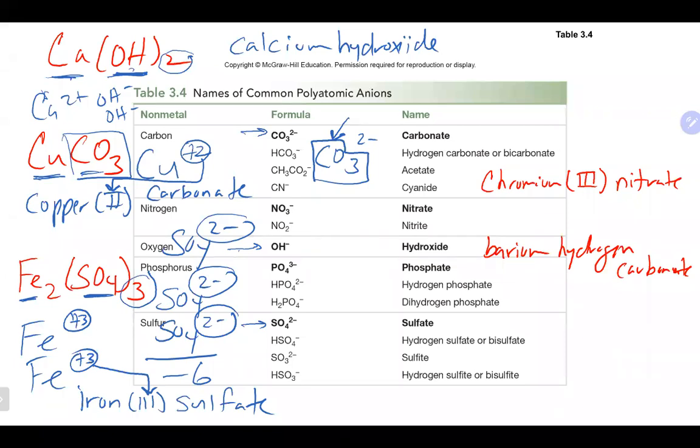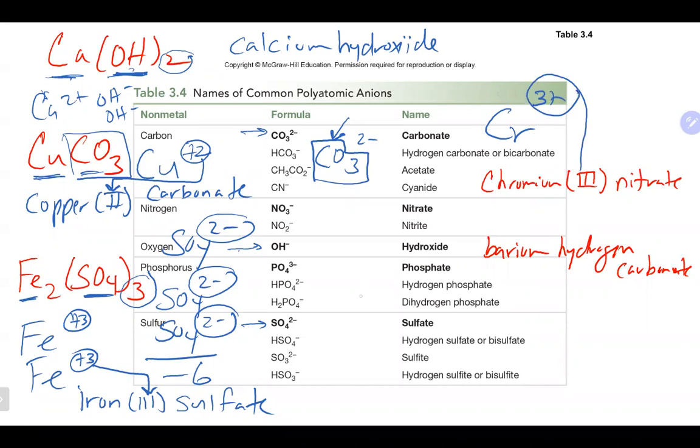Now, if we want the formula here, we just want to put everybody together properly. Since these are really ions, the same goal of 0 is what we're looking for. So chromium Roman numeral 3 means that the chromium has what type of charge? It has a +3 charge. That is what the Roman numeral means.